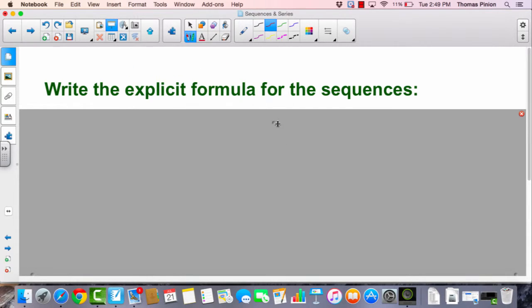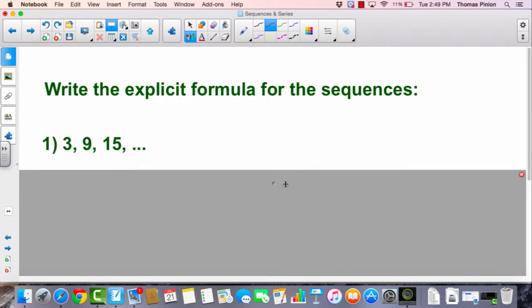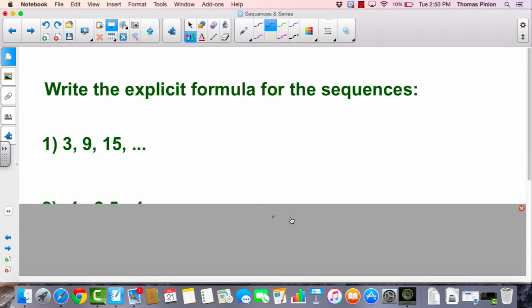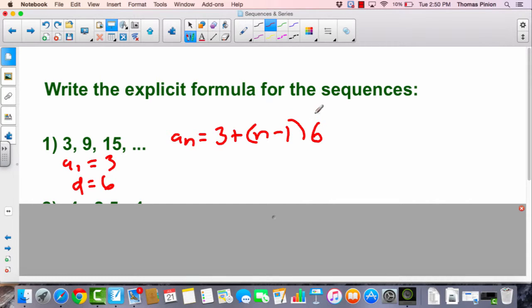Now, let's write some more explicit formulas for these sequences. For the first one, A sub 1 is 3. d, or common difference, is 6, because I'm going up by 6 each time. So I've got A sub n equals 3 plus n minus 1 times 6.